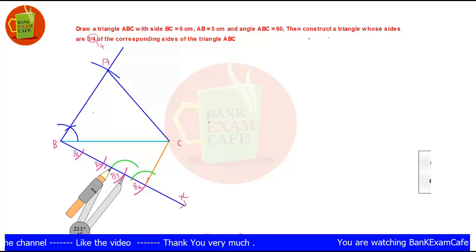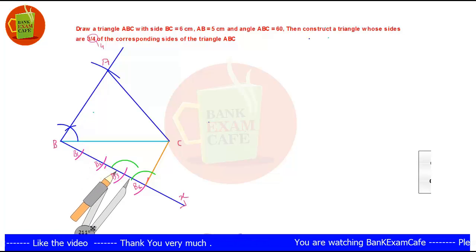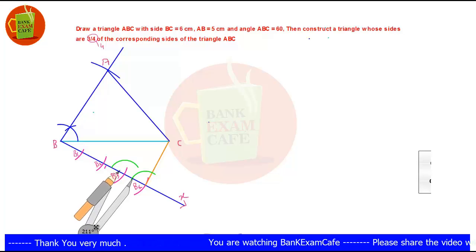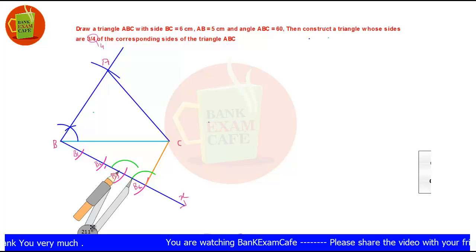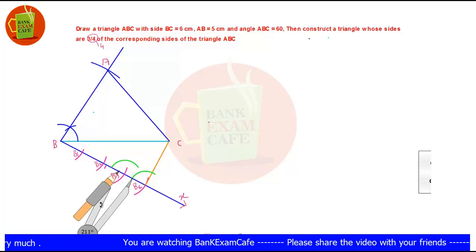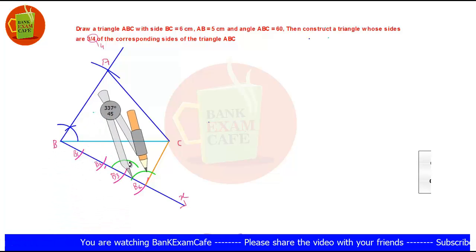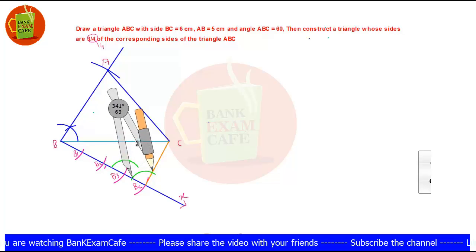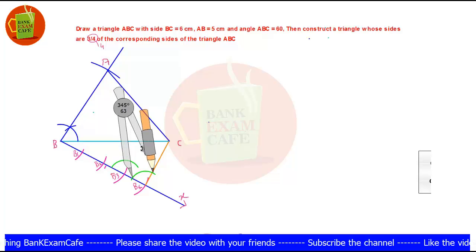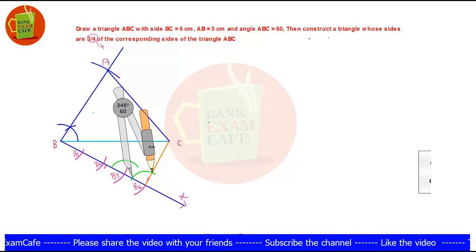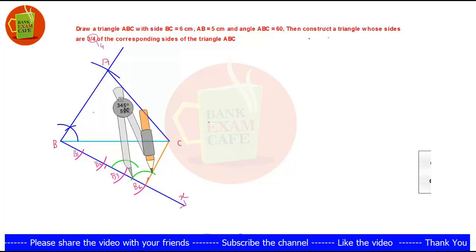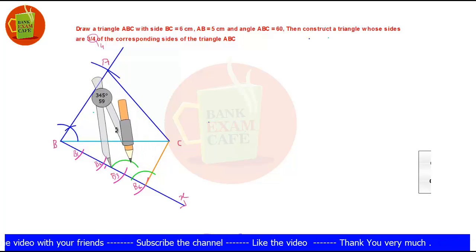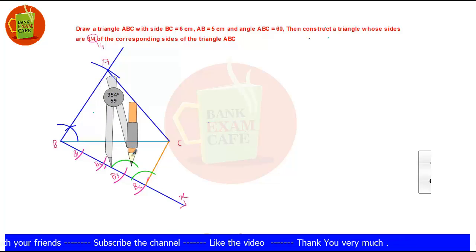Now here take this point of intersection as center and a distance equal to the points of intersection, this distance, take this point as a center and draw an arc intersecting the previous arc.